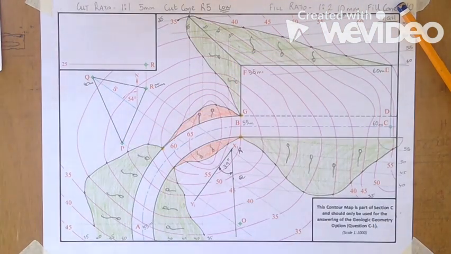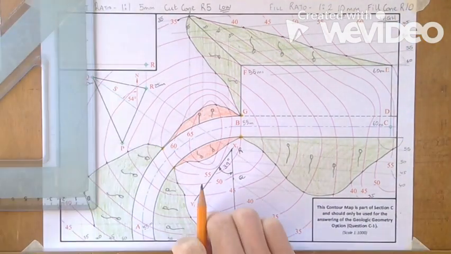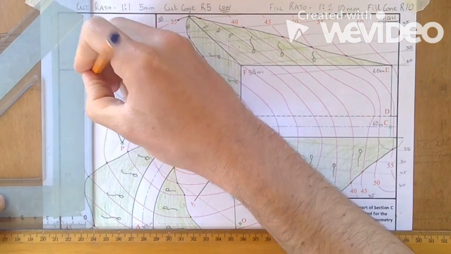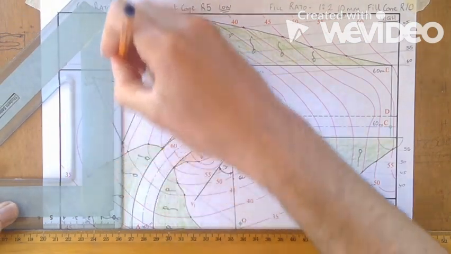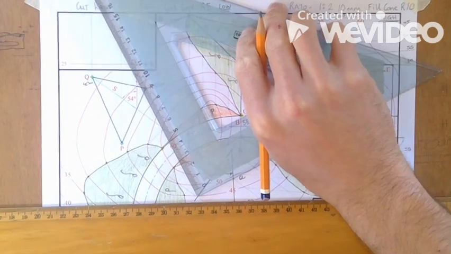So the first thing I'm going to do is draw my point Q and my point P, and then I'm going to go up in 5 meter vertical intervals.